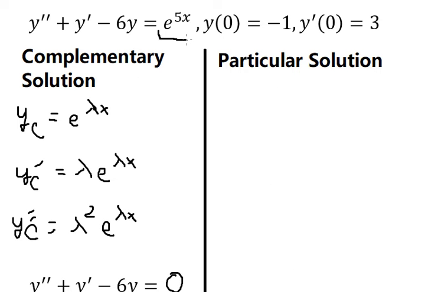So we see that on the right we have e to the power of 5s. So yb equals e to the power of 5s, and then we put capital A in here. This is the coefficient of e to the power of 5s.